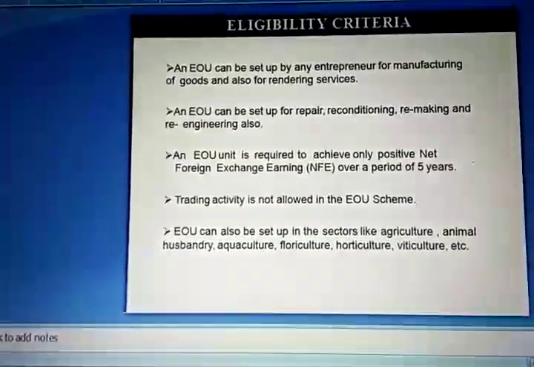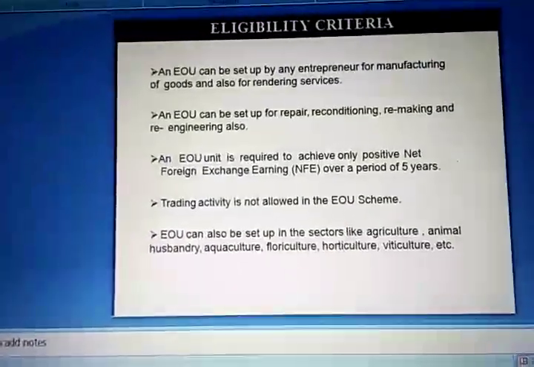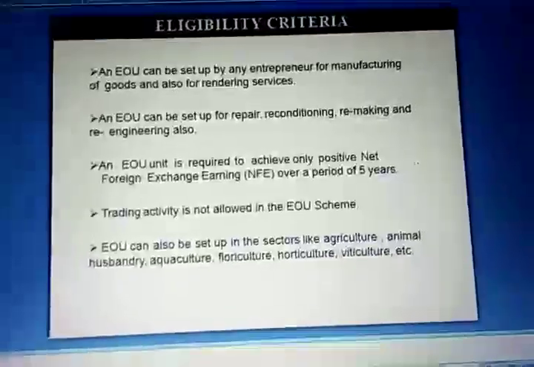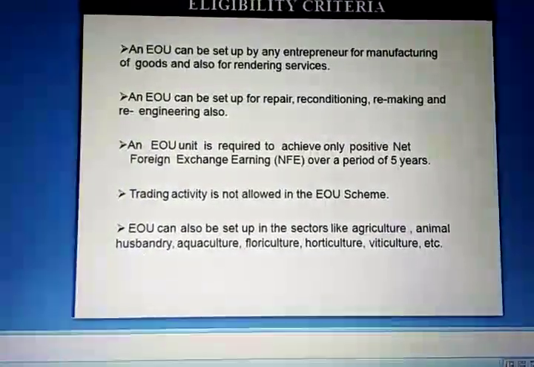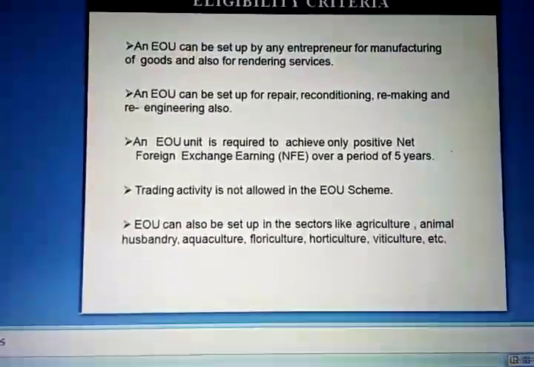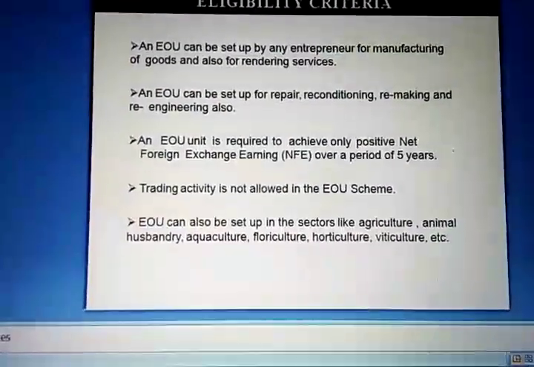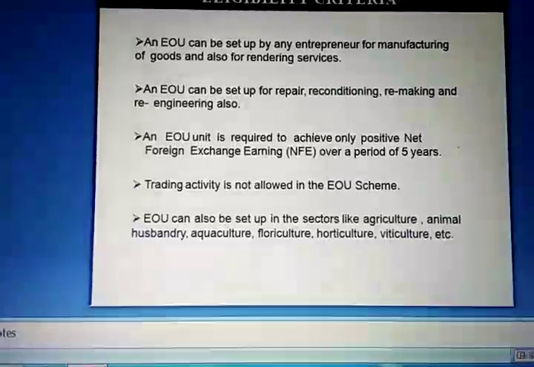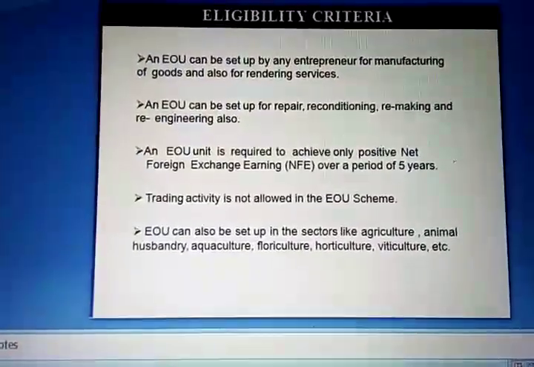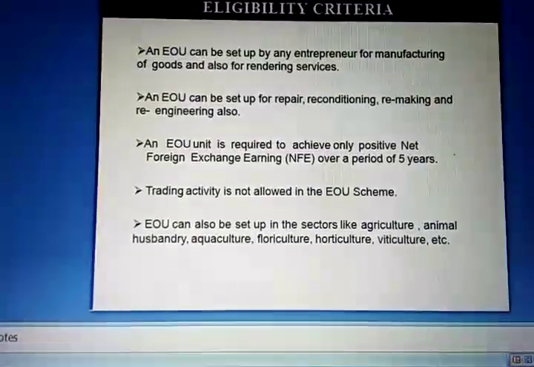Then the question arises: what are the eligibility criteria for EOU? Some criteria are: first, an EOU can be set up by any entrepreneur for manufacturing of goods and also for rendering services.